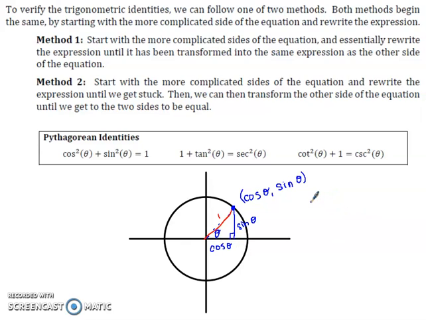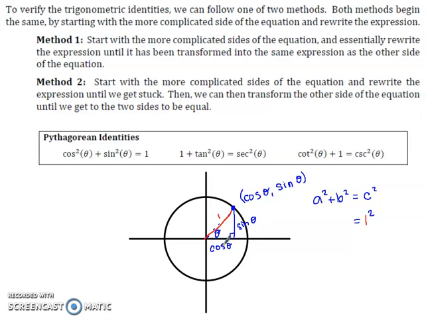Well, using Pythagorean's theorem, we know that in a right triangle, a squared plus b squared is equal to c squared, where c is our hypotenuse. Well, in this case, my radius is my hypotenuse, which is 1, my hypotenuse to the second power.